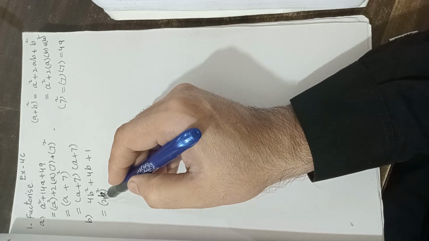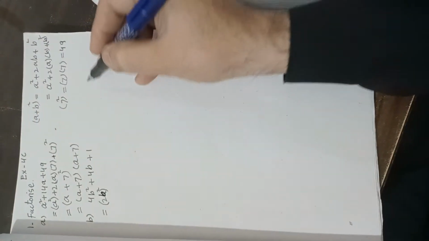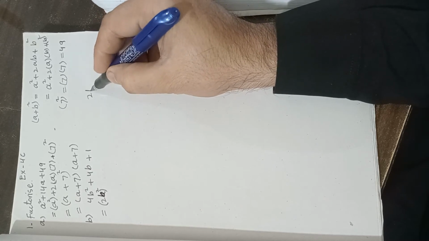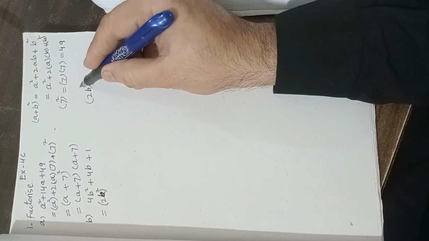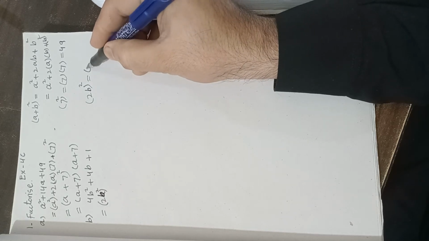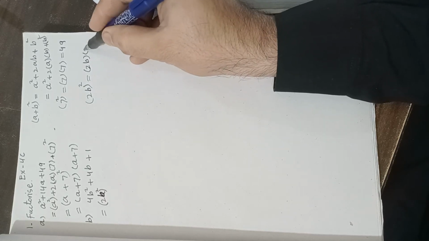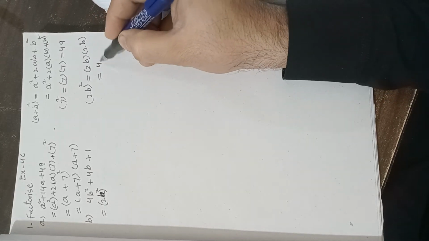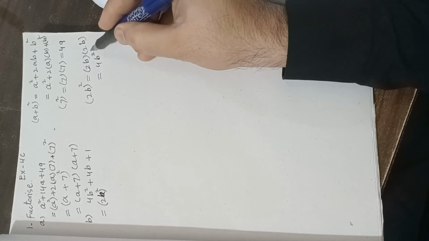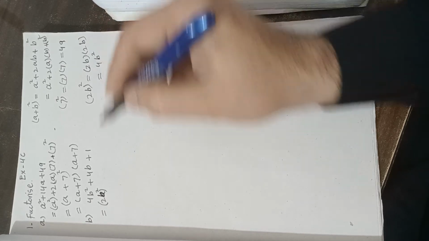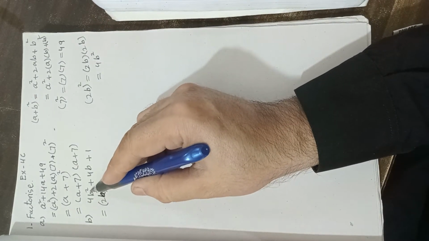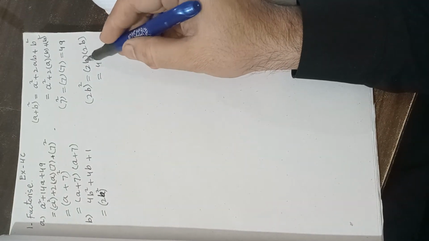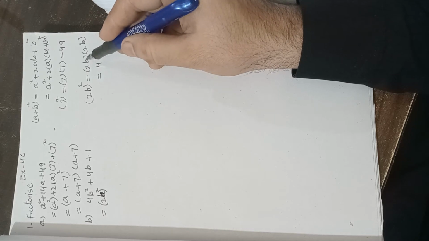So I have written it here in the combined bracket, as we know that (2b) whole square means 2b into 2b, and 2 2s are 4 and b square, b's are b square. Similarly, I have written 4b square in this form, and it is because of 2 times.